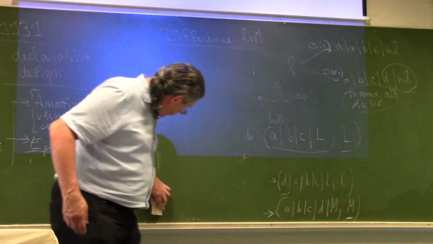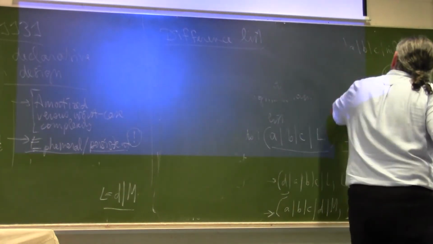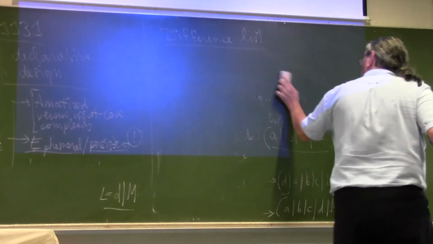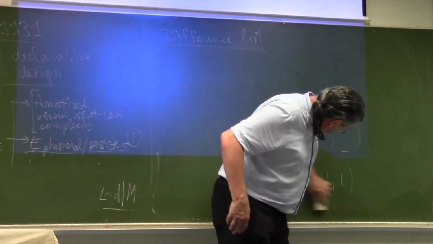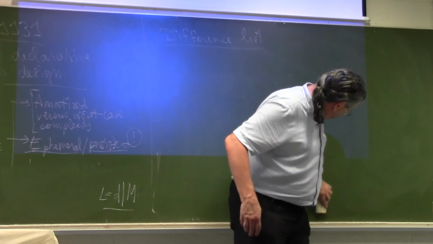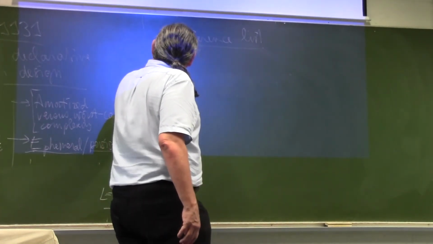The queue shows you one use of difference lists, because you can add elements on the front and the back. But you can actually do more with difference lists. You can do constant time append. So let me show you first append, okay?